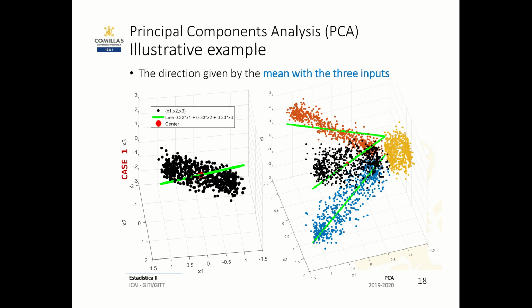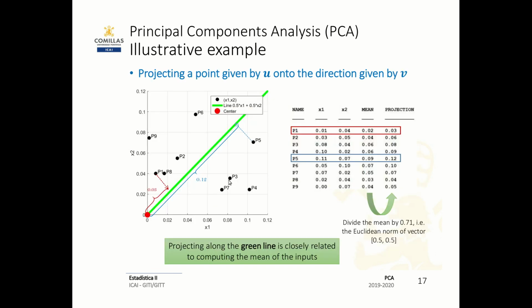Okay, so we had an example in which we had these data points in 3 variables, x1, x2, x3. Now instead of having 2 components as we had here, x1, x2, we have 3.